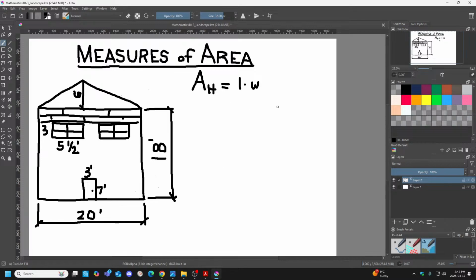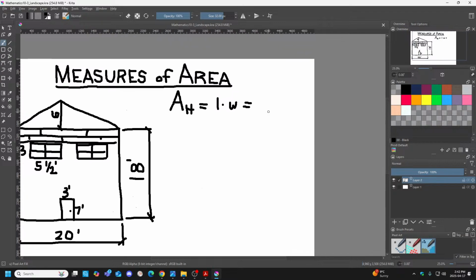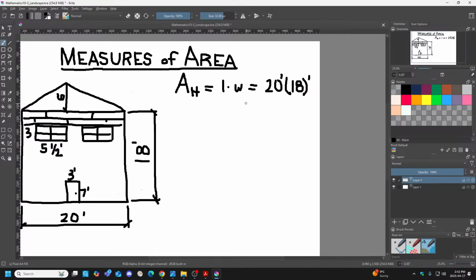Length is the longest side, times 18. And we get 360. Is that what it was?